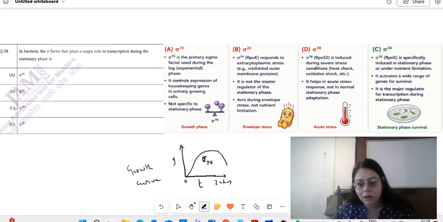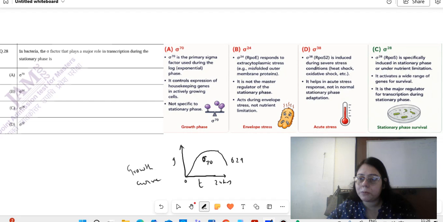So sigma 24 will act here. Then sigma 38 is also incorrect because it is induced during the same stress condition, or during oxidative stress or accumulation of reactive oxygen species.